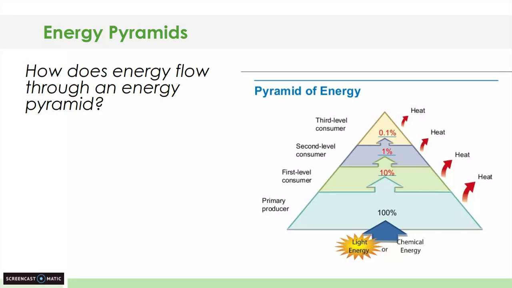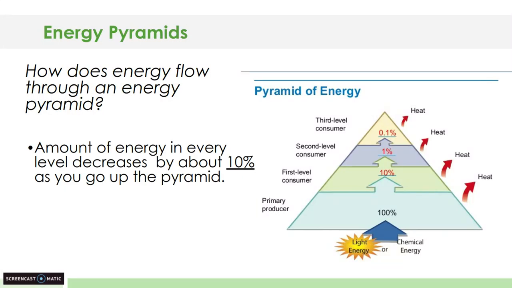So how does energy flow through an energy pyramid? The amount of energy in every level decreases by about 10% as you go up. So what happens is you have 100% of the available energy here at the producers. Well, only 10% of that energy is available for the first level consumers.